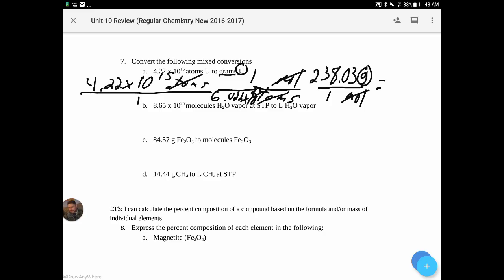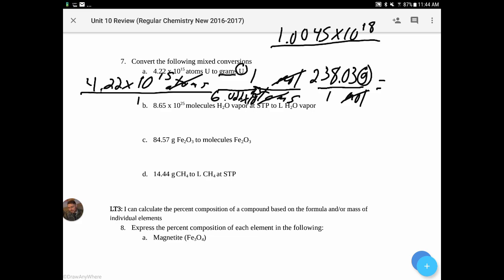We do 4.22 times 10 to the 15th multiplied by 238.03. I'm going to do that real quick. 238.03 times 4.22 times 10 to the 15th, and we get 1.0045 times 10 to the 18th.